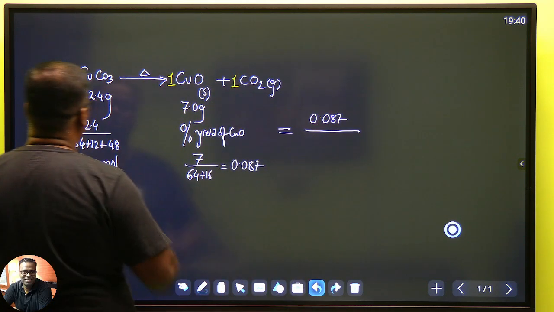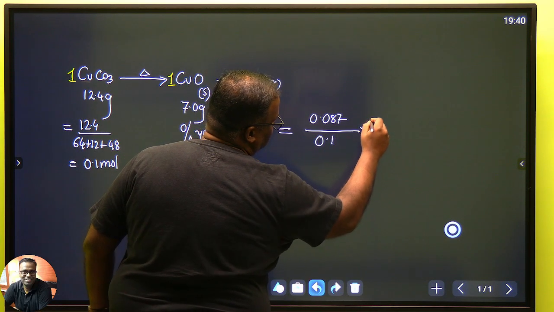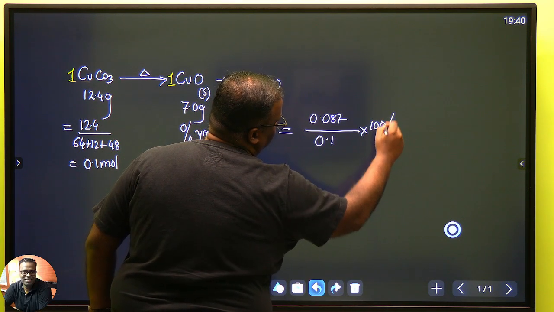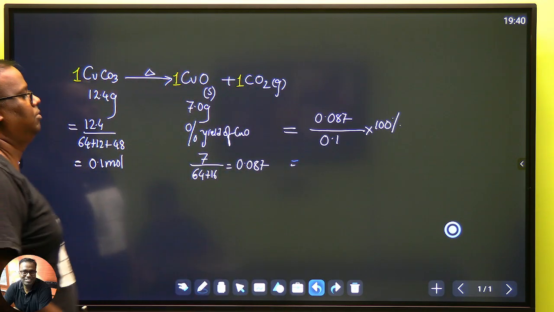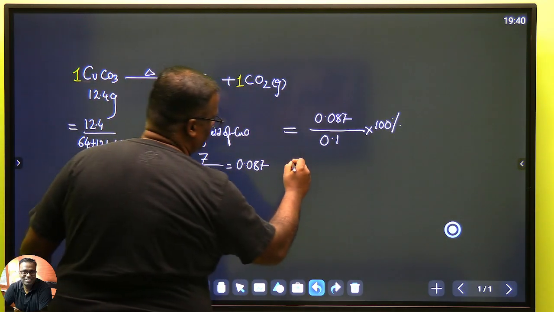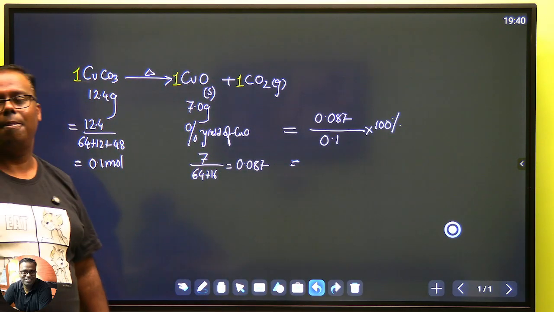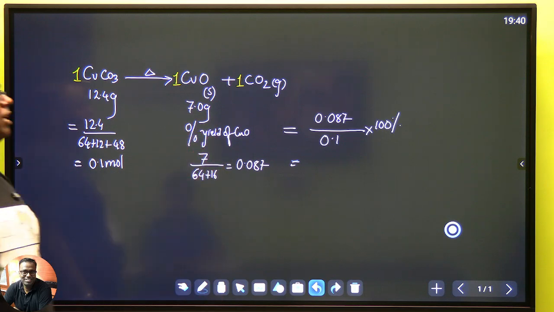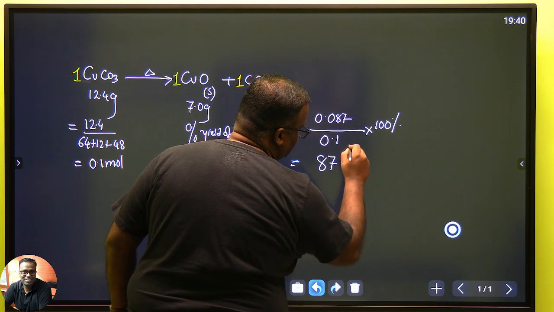And how much was the input? 0.1. If you do this, you will also get the right answer. Now check what percentage you are getting. Just by looking, it is 87. We are getting a yield of 87%.